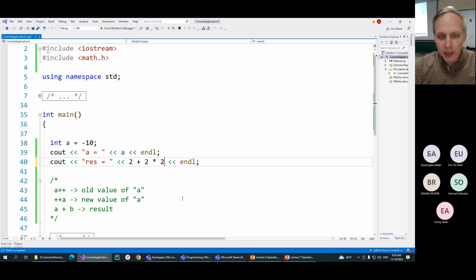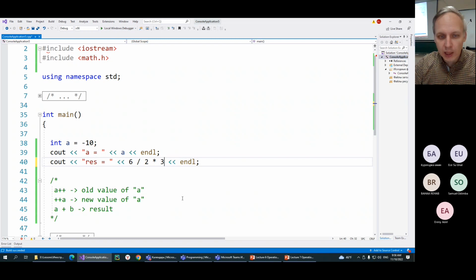In the case when the priority of the operations is the same, these operations are carried out from left to right. And if I write such an expression, for example, 6 over 2 times 3, what will be the result?